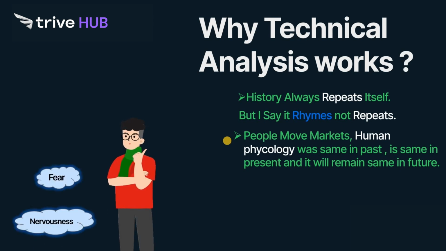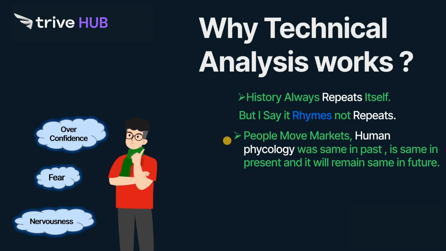Nervousness, fear. When you are losing in the market, you are fearful that it should not hit your stop loss, and that fear will result in irrational behavior that can make you sell a particular forex trade without sticking to your entry or exit rules. Overconfidence: when you win a series of trades consecutively, you will become overconfident and you can buy or sell without your setup.